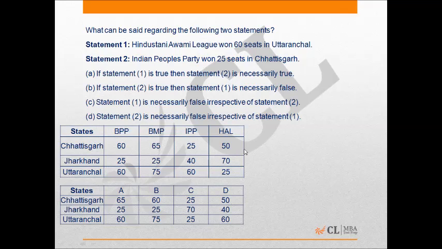Now, based upon the info given in the question, let us first make a table of our own. Now, we can say that if the projection were accurate in a particular state, then what could ABCD actually denote? So, say correct projection in state, and this could be the parties BPP, BMP, IPP and HAL.